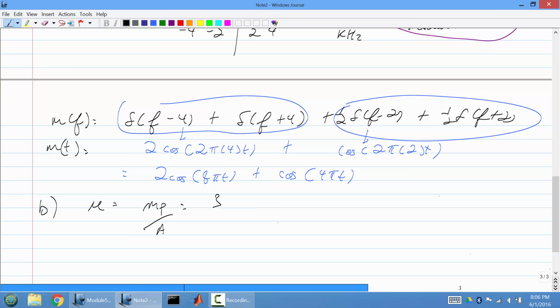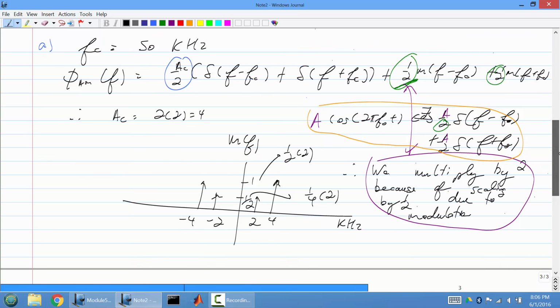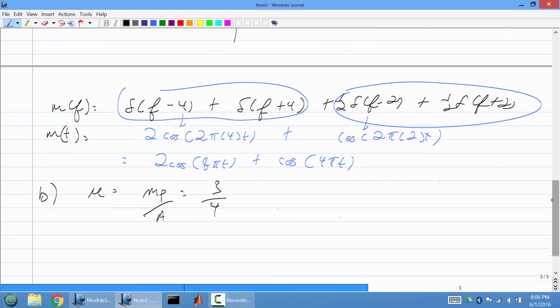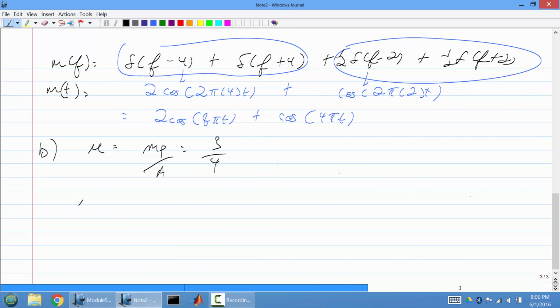Then the carrier height was equal to 4, so 3 over 4. There's another definition as well, where we can use A max minus A min divided by 2 A_C. Actually, this is A_C, yes. Thank you.